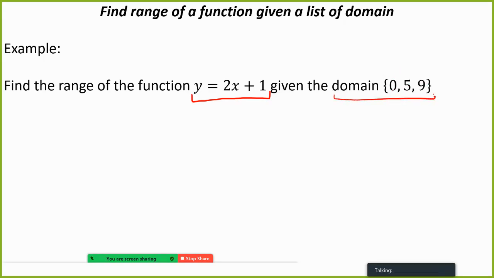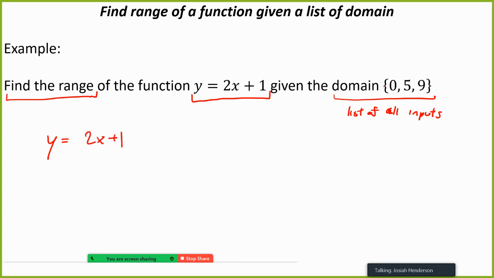Domain means the list of all inputs. So that means 0, 5, and 9 stand for x numbers. These are all x's. And we're supposed to find the range that goes with this domain. So how do we find the range that goes with this domain? You take the equation, y equals 2x plus 1.